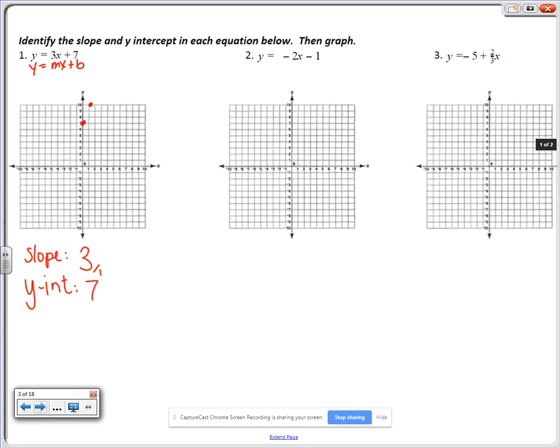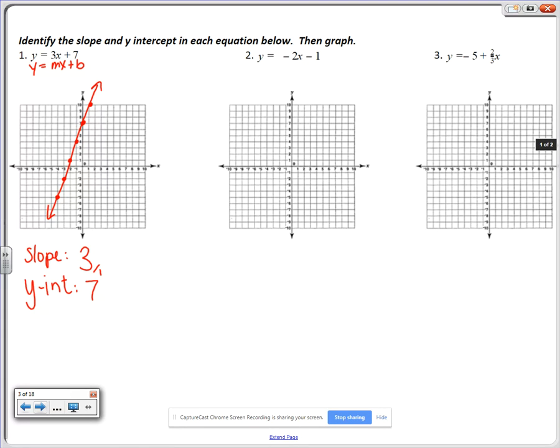So I can also go down 3 and back 1. Get yourself a nice line going through there, and there is your graph. The y-intercept is always where you start. Everybody understands that any whole number can be put over 1, correct?